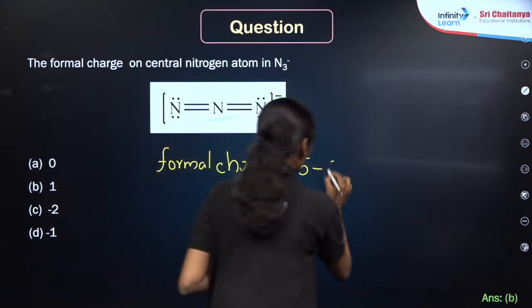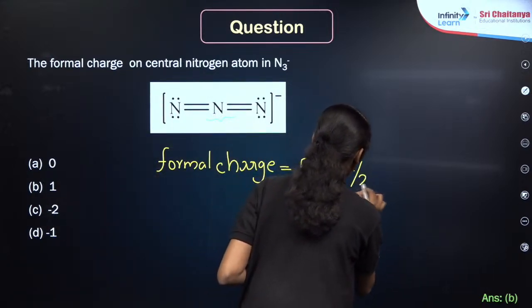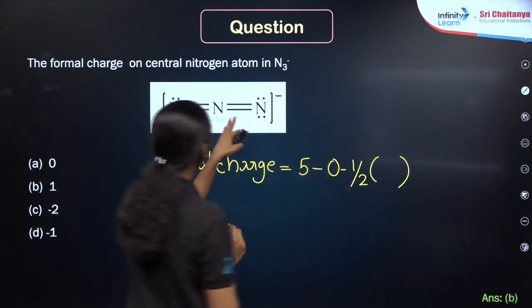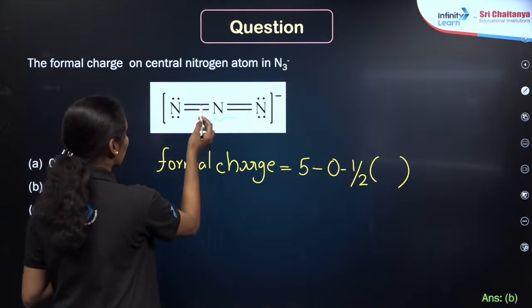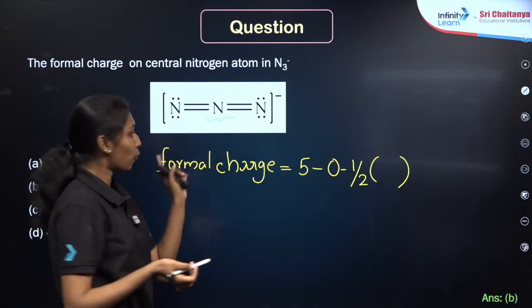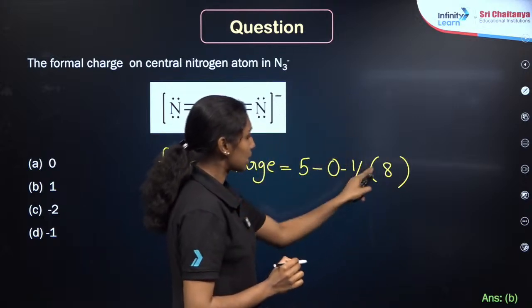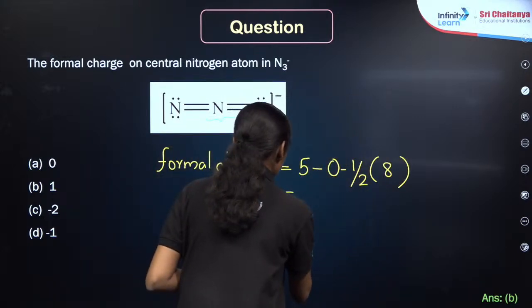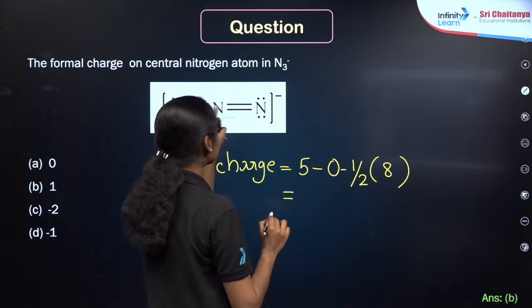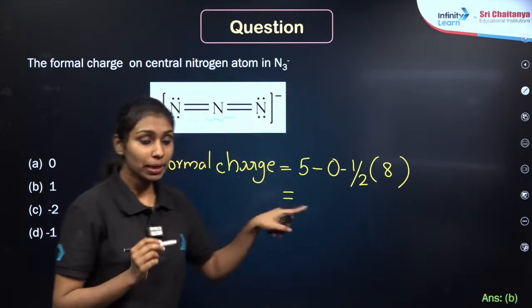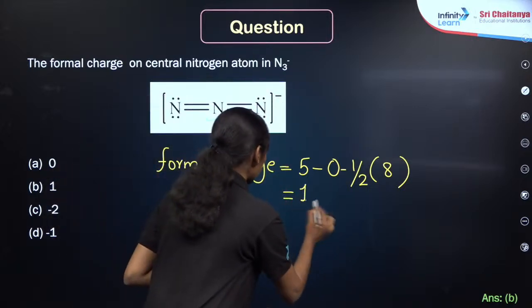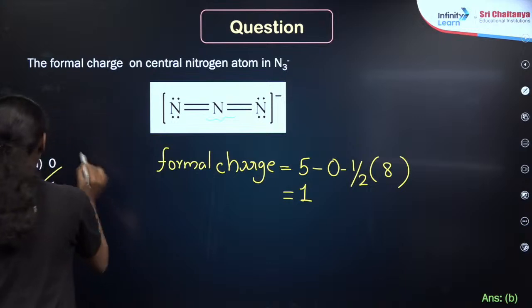So I am taking 0 minus 1 by 2 into the number of bond pair electrons. How many bond pair electrons are present here? Total 4 bonds, right? Therefore 8 electrons. 4 into 2, 8 electrons. So it is 5 minus 0 minus 8 by 2, that is equal to 1. Which means the formal charge on the central nitrogen atom in the azide ion N3 minus is equal to 1. Which means option B is the correct answer. Clear?